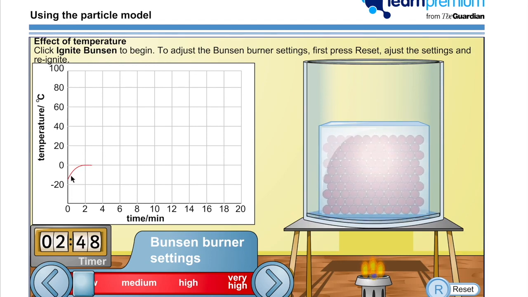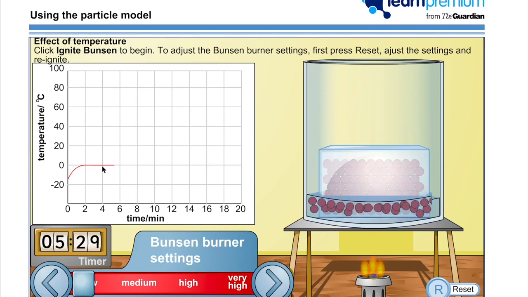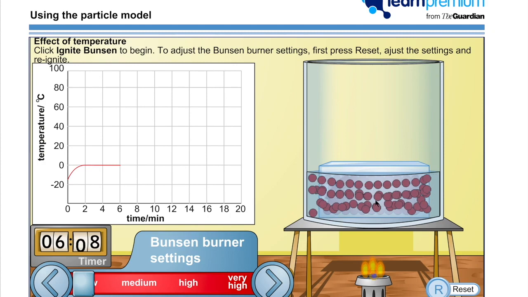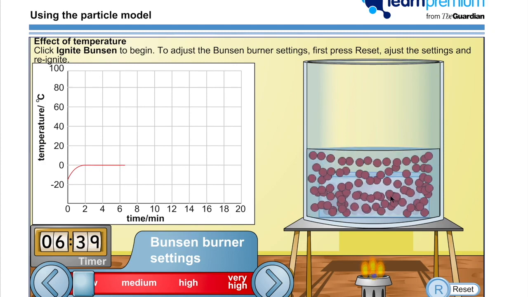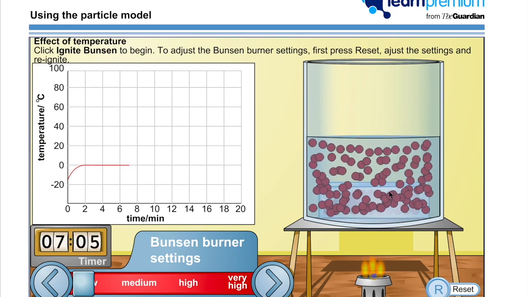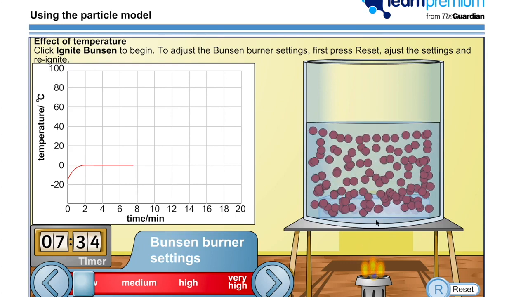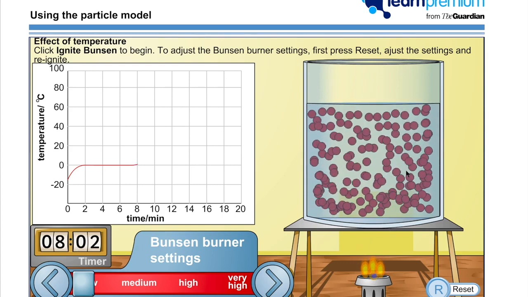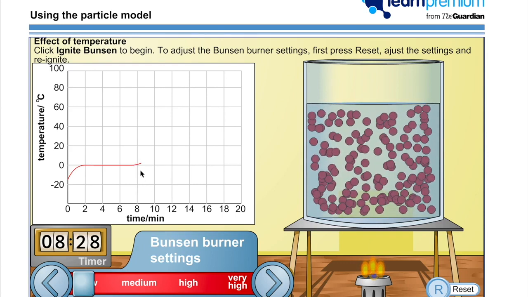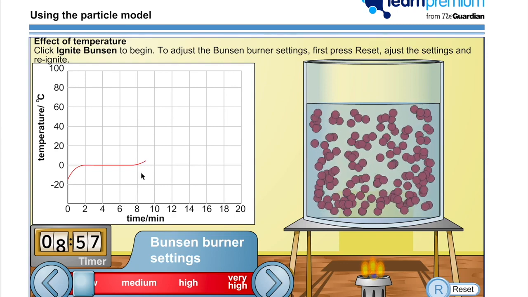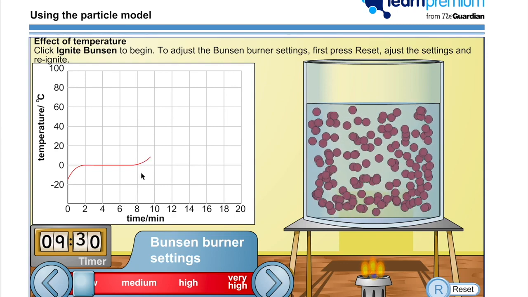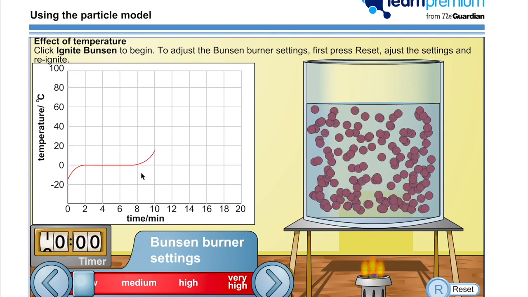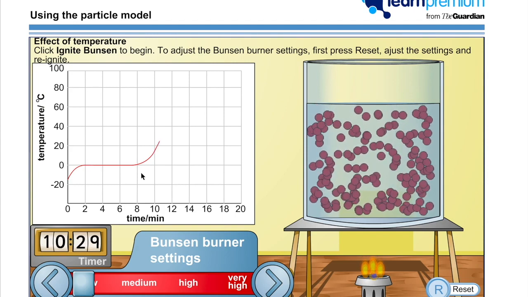The line increased, but then it became steady. Once you see the line becoming steady like this, this means there's a change of state, and that's shown here. You could see that it's turning now into a liquid. Once you turn completely into a liquid, then you see that the temperature is rising again. So as long as there is a change of state, you will find that the heating curve becomes steady.